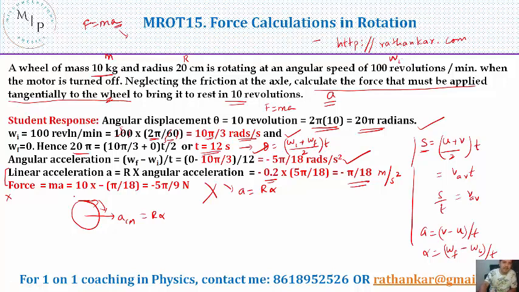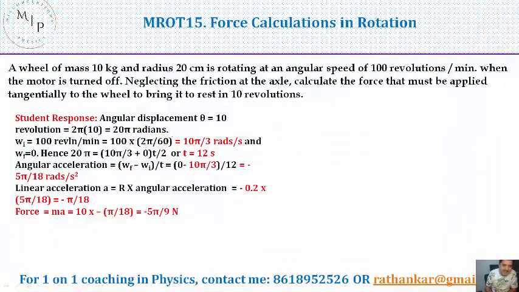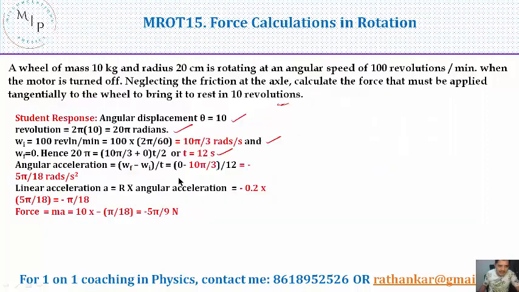Okay, now let us move on to the next one. Now what is the correct solution? The correct solution looks like this. See, I have not changed anything here. I have just written all this, and what I will do is tick mark which ones are correct. I'll say this is correct, this is correct, this is correct, this is correct. Just a moment, wait. I need to change something here, only then this would be proper.